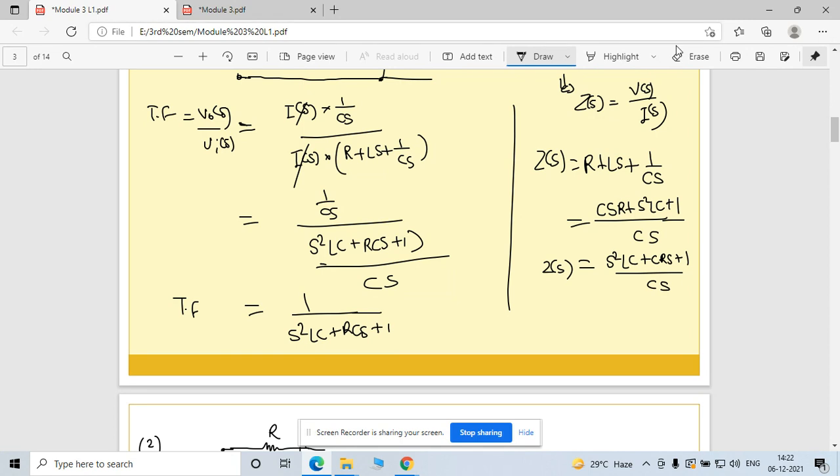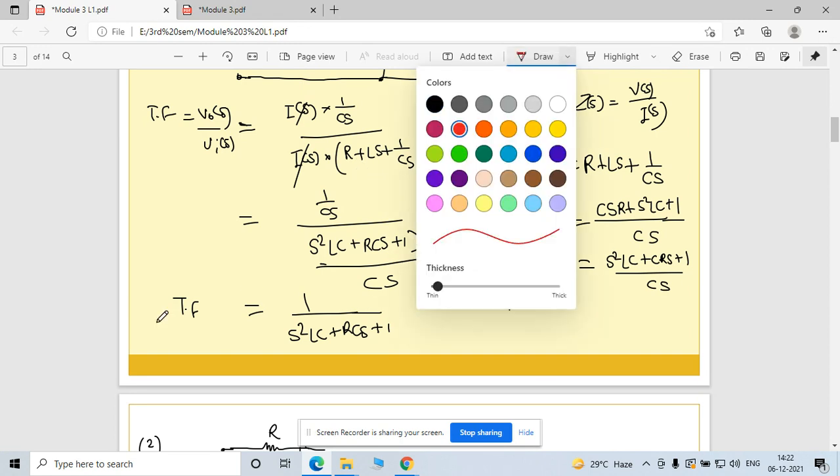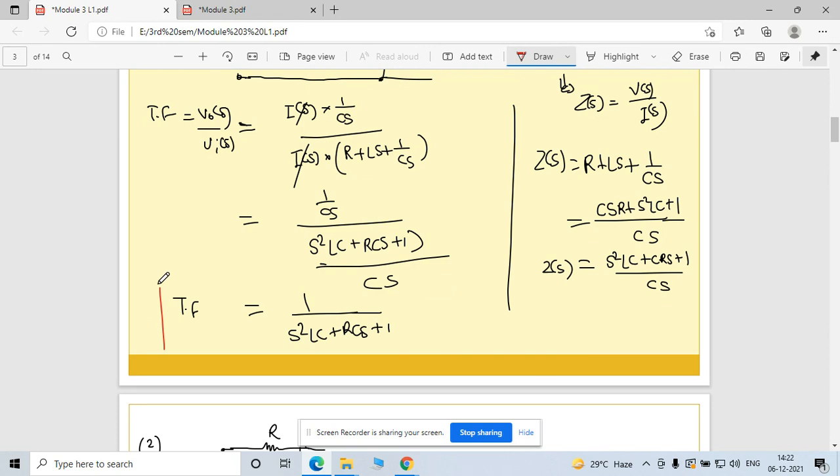Now, one question came: why are we studying this transfer function? Because of this, you are able to comment whether your circuit is stable or not. What is the condition for stability?